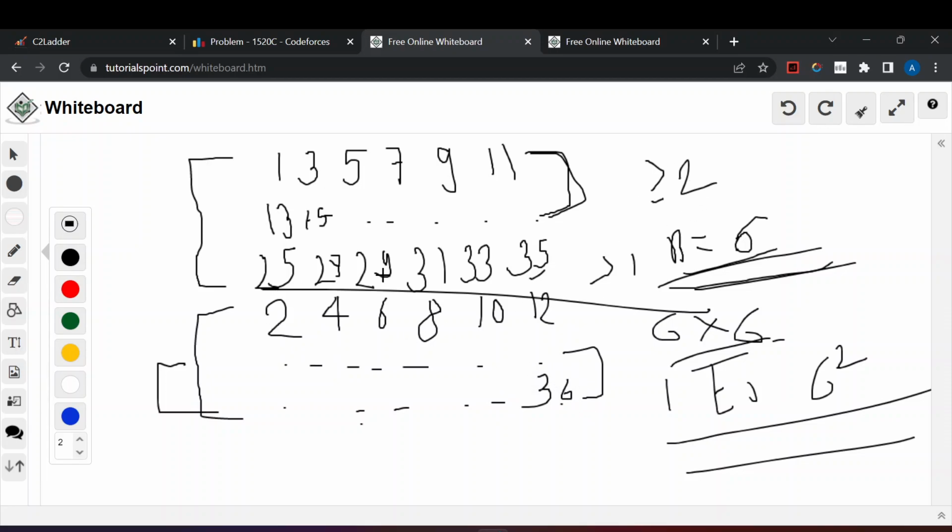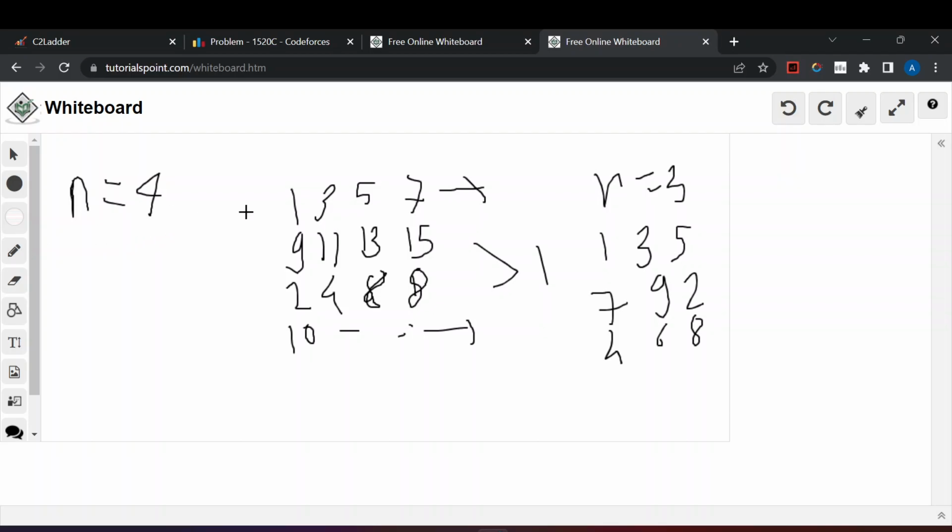But there might be a problem where odd and even cells come together, but the difference is quite big because the number n is also big in this problem. So 25 and 2 is 23, so the difference is greater than 1. Similarly, if we try for 4, according to our approach the matrix will be 1 3 5 7, 9 11 13 15, and then 2 4 6 8.